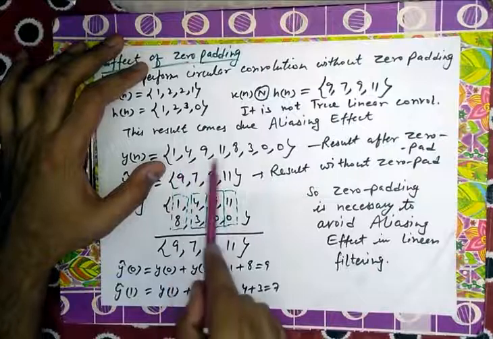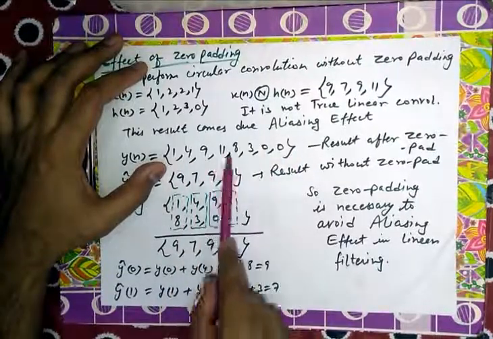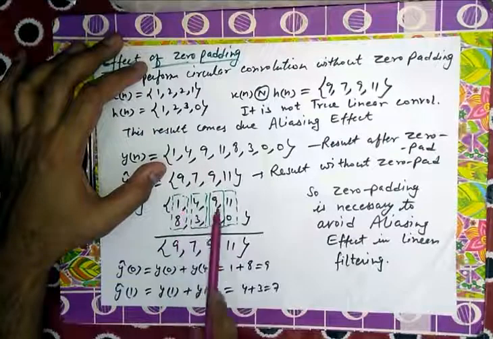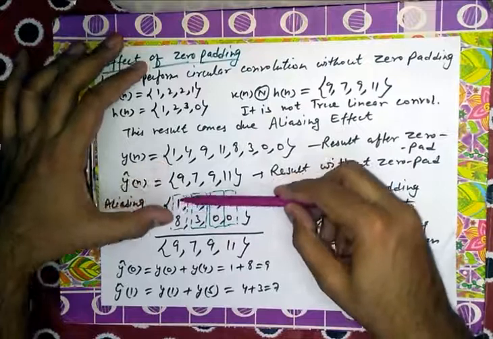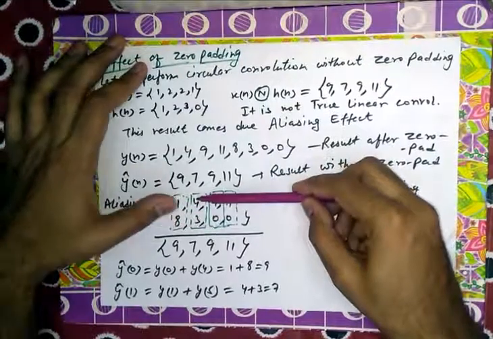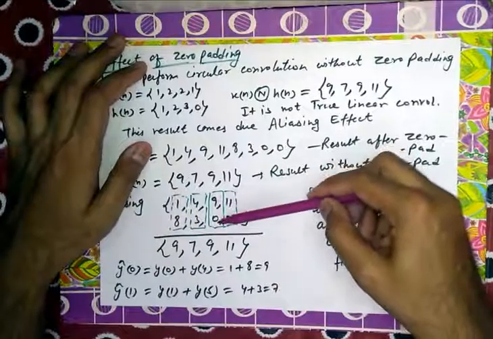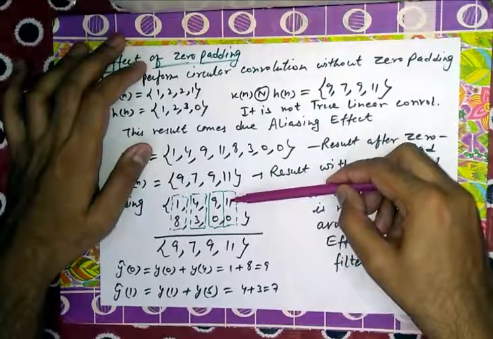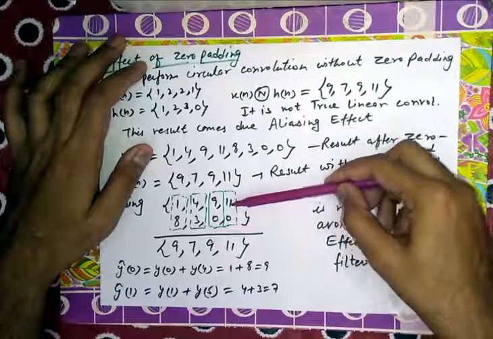See, 1 4 9 11 8 3 0 0. This sequence can be broken into two parts of four elements each: 1 4 9 11 and 8 3 0 0. Check that the first element of the first part is added with the fifth, the second with the sixth, the third with the seventh, and the fourth with the eighth.